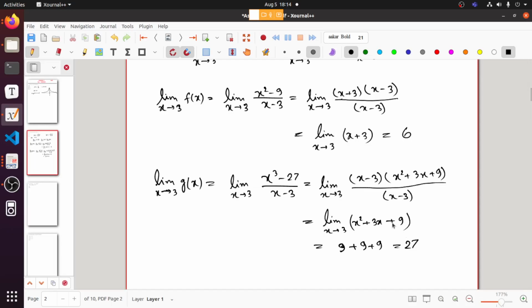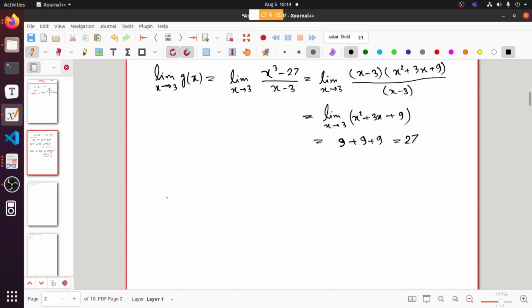So then what will be the limit of f plus g? It will be just add up. So the limit as x tends to 3 of (f plus g)(x) will be limit x tends to 3 of f(x) plus limit x tends to 3 of g(x).